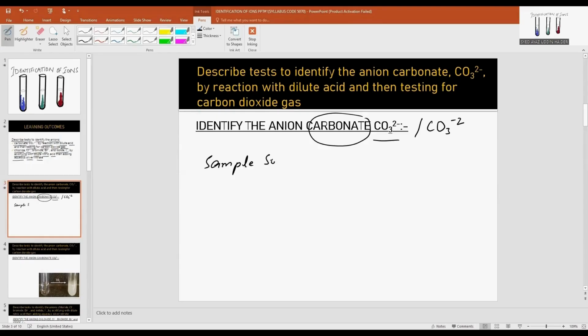Sample solution plus dilute hydrochloric acid. Write the observation: fizzing.